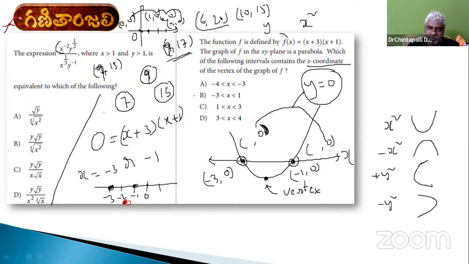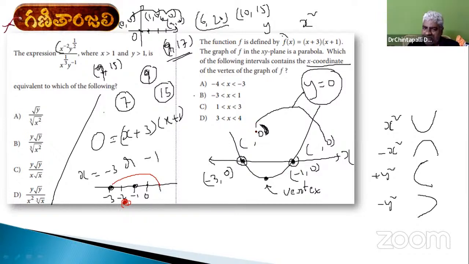No option says negative 3 and negative 1, which would be the perfect answer. An equivalent answer may be negative 3 comma 1. Of course, the vertex also lies in the interval negative 1 comma 1. Got it?